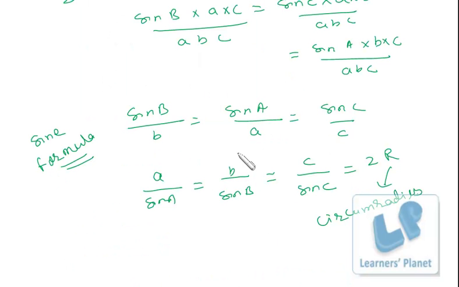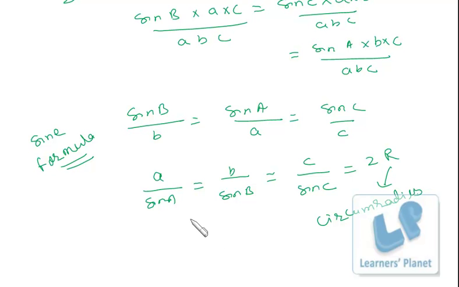Now derivation is not important over here because that will be a tedious, lengthy process, so you just learn the direct result. You must know the sine formula, and I have already told you its derivation. So in the sine formula, A upon sine A is equal to B upon sine B is equal to C upon sine C, that is equal to 2R, where R is the circumradius.